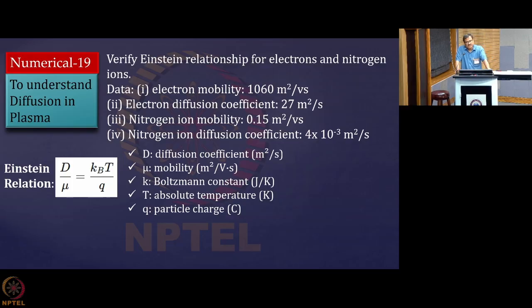That is something you need to realize about the mobility of electrons. We always say that electrons have much higher mobility compared to the ions, but how much higher? Like we always say electrons are lighter than the proton, but how much? Those things you need to keep in mind. Here almost 4 orders of magnitude difference exists between electron mobility and ion mobility, and similarly for the diffusion coefficient.